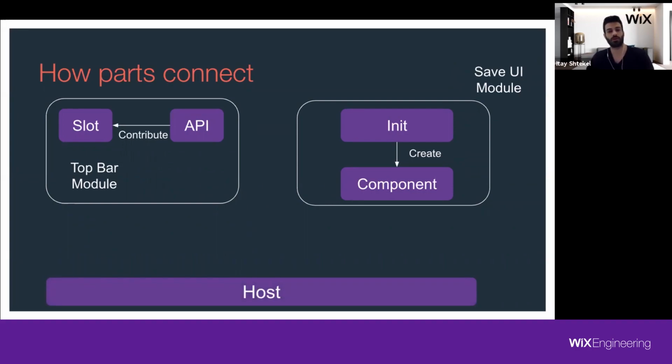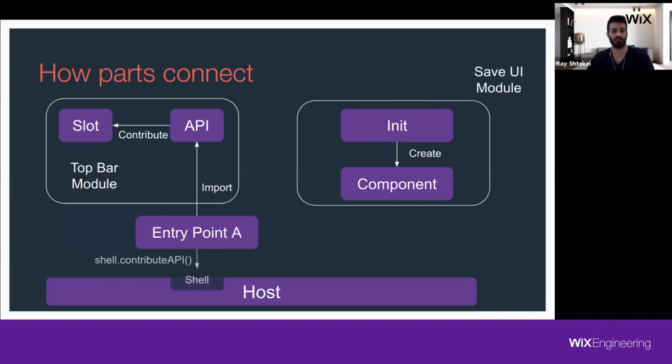And when we want to register the implementation of Toolbar, we are going to create an entry point in order to package the module. And we're going to take this API we implemented in the Toolbar module, and we're going to contribute this API into the host.